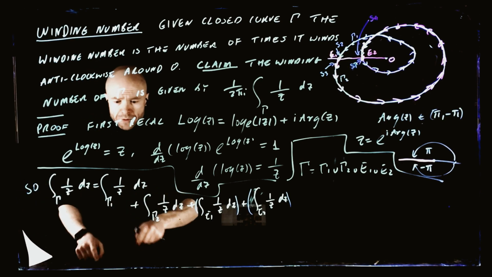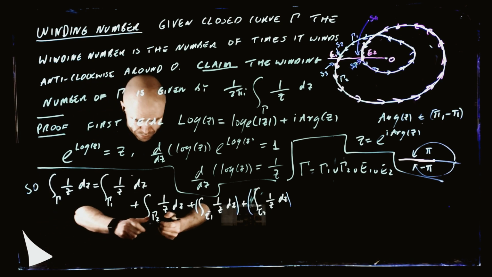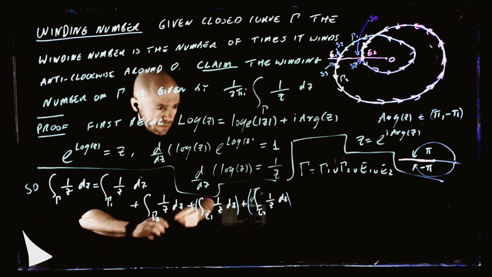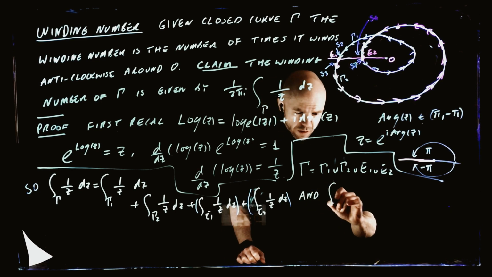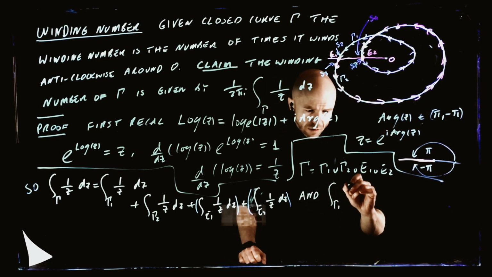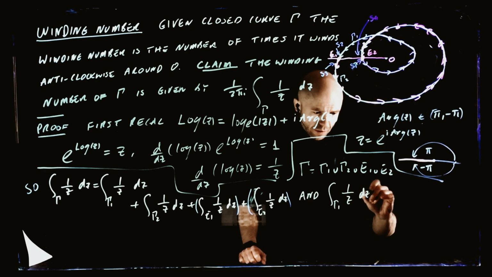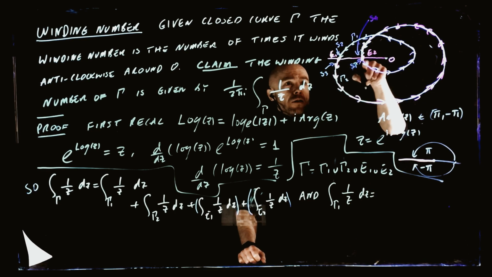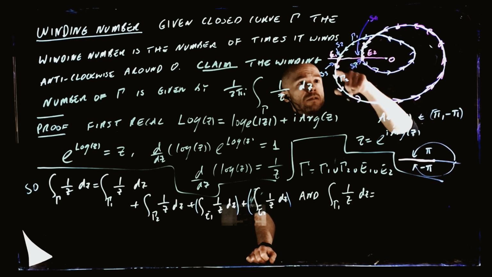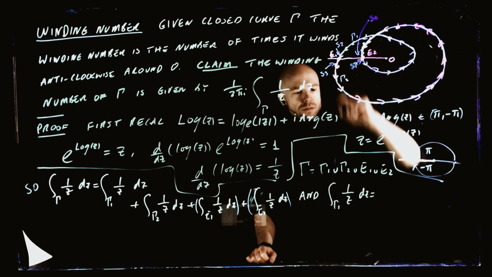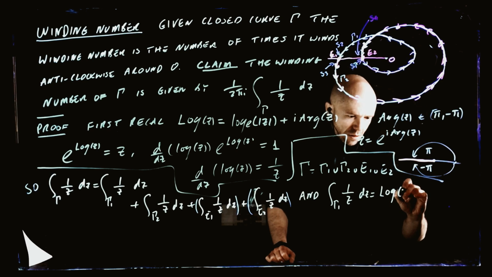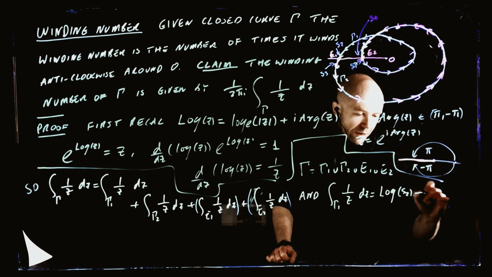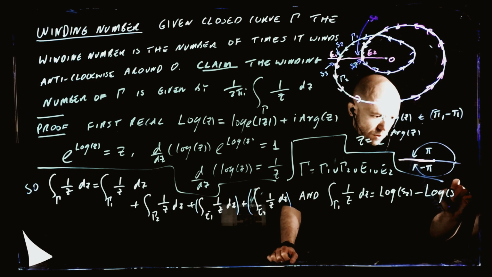So I know that the integral over gamma 1 of 1 over z dz is complex log of the endpoint, S2, minus complex log of the start point.